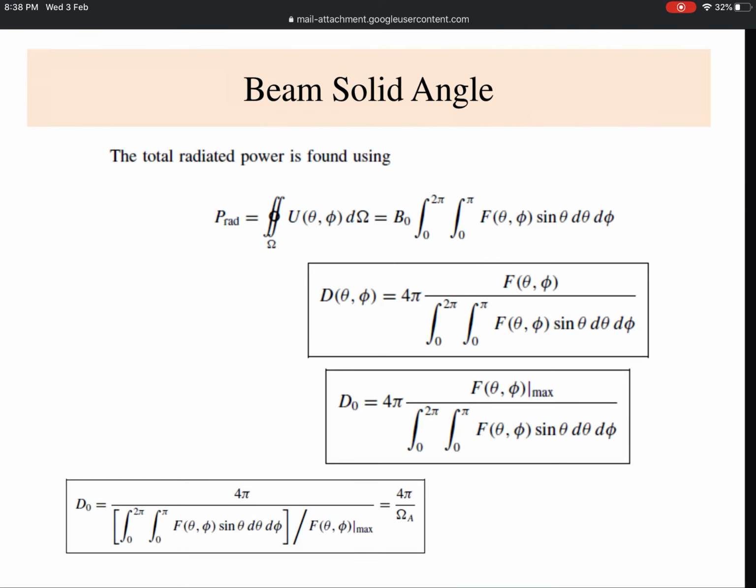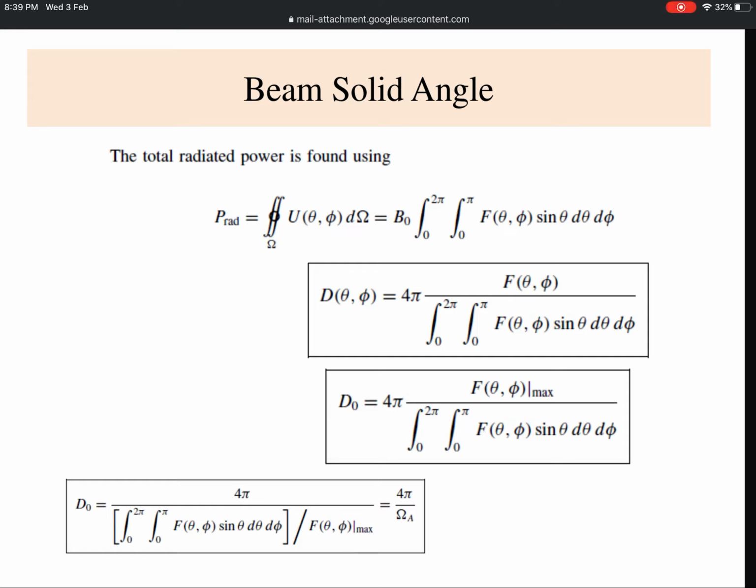To understand the beam solid angle, we will take the total radiated power. The total radiated power is P rad, and we know that the power radiated is nothing but the radiation intensity integrated over the solid angle, d omega. Now U theta phi is the radiation intensity and it will definitely be a function of theta and phi.